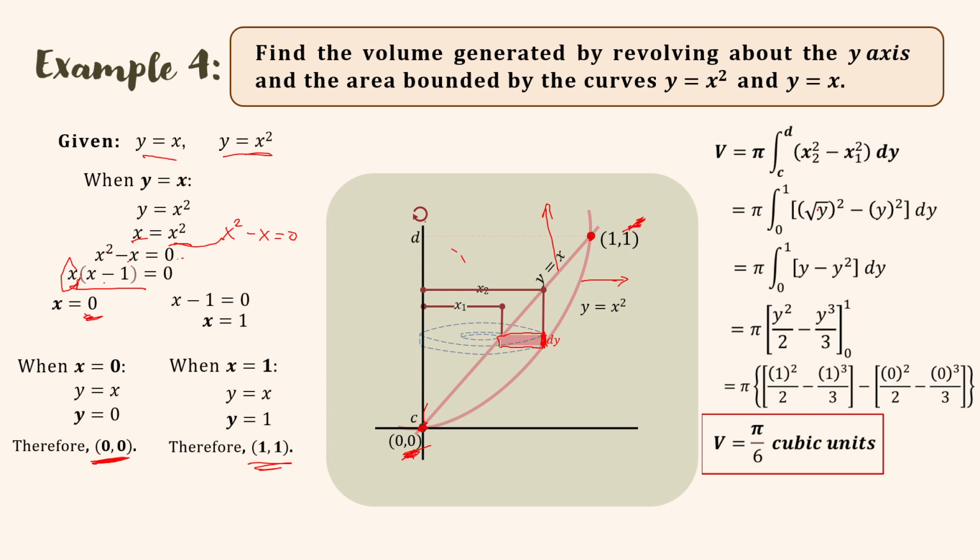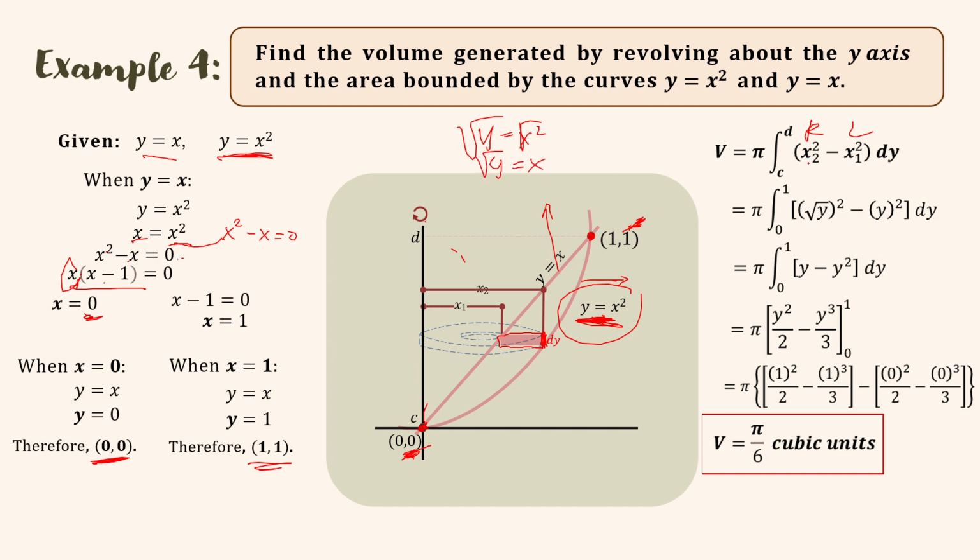0 to 1. So what is the value for our x? In this right function, this is right minus the left, right minus the left. Since this is in terms of y, we need to transform y is equal to x squared, so the square root of y is equal to x.